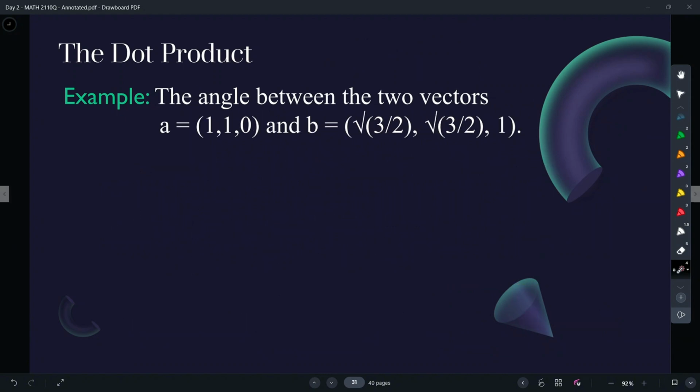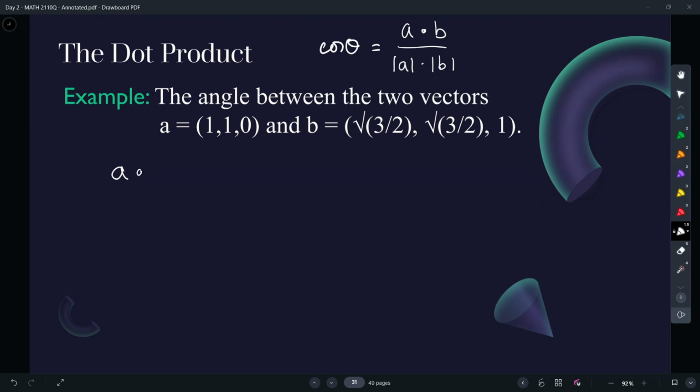All right, so let's see what happens if I want to compute the angle between these two vectors. Let's start again. I'm going to write the formula again. I have to do the dot product and divide by the product of the lengths. Let's not do that again like in the previous slide. Let's do the dot product first, just in case it's 0 and I don't have to compute lengths.